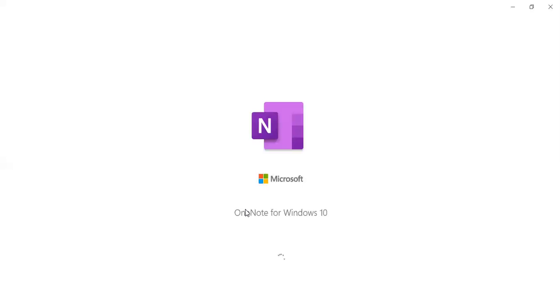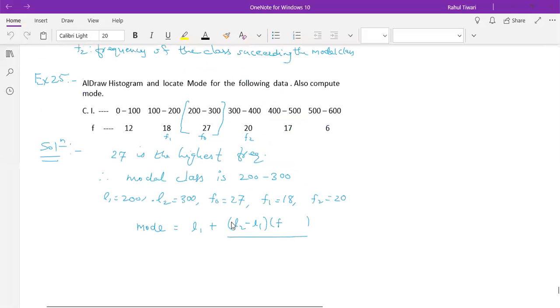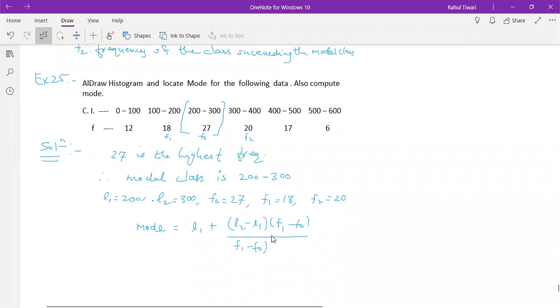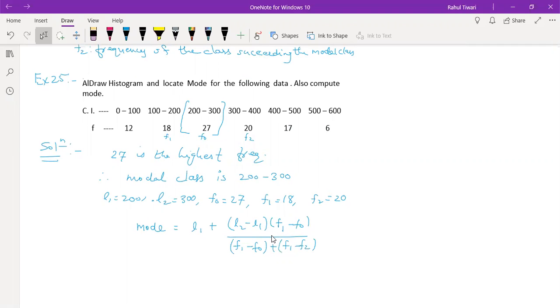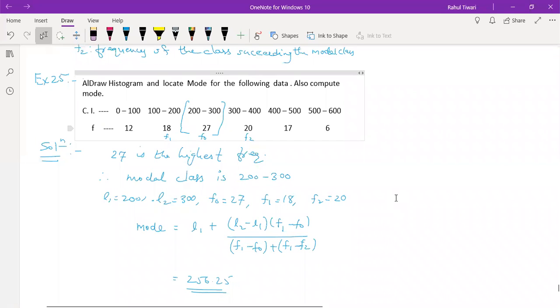So you need to just search for the modal class. Once you get the modal class, F1, F0, F2 you will get immediately. Substitute in the formula, you will get the answer. So the answer is 256.25. I hope everybody is doing the calculation part.